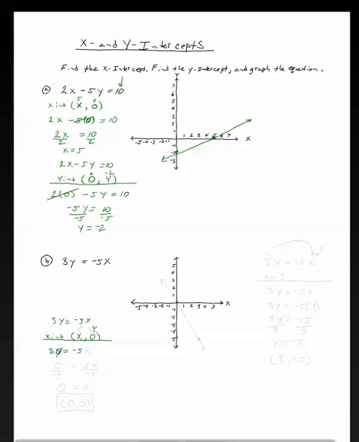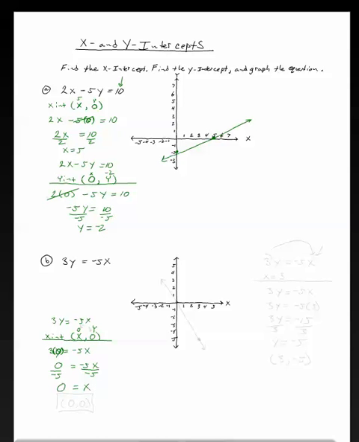So let's plug our 0 in here. So 3 times y, which we're replacing with 0, equals negative 5 times x. Now 3 times 0 is 0, so we've got 0 equals negative 5x. And then to solve for x, we would have to divide both sides by negative 5. Well, 0 divided by negative 5 is 0. 0 divided by any non-zero number is 0.